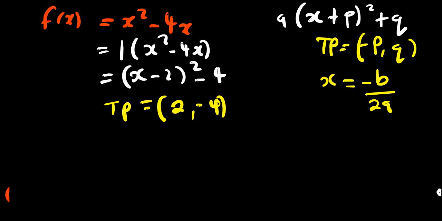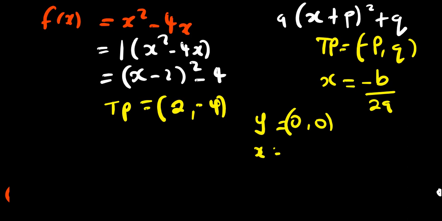If you're going to find the y-intercept, wherever there is x, you're going to place 0, so it will just be 0. So your y-intercept will be 0, 0, where the graph is going to cut the y-axis.